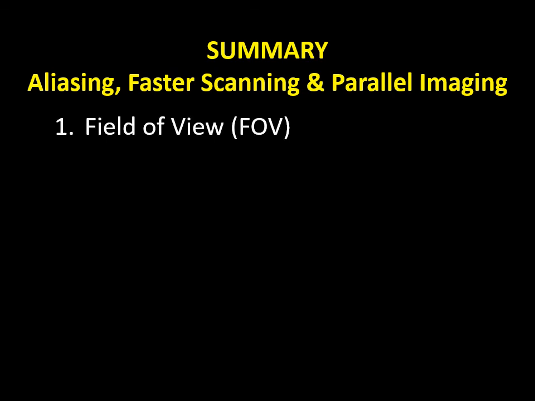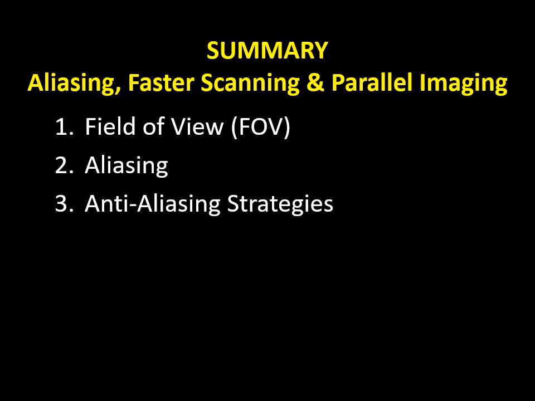In this lecture, I discussed field of view and what happens when the field of view is smaller than the body part being imaged and when tissue lies outside the intended field of view. The topic of aliasing was discussed in greater detail.